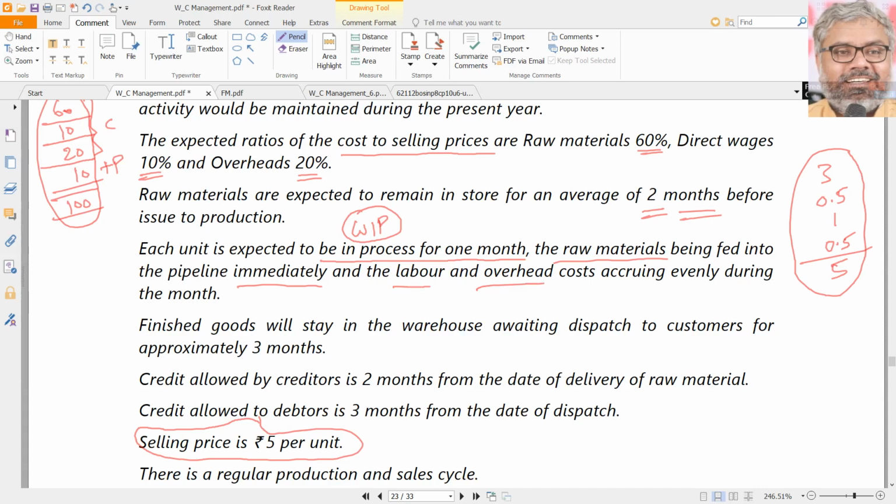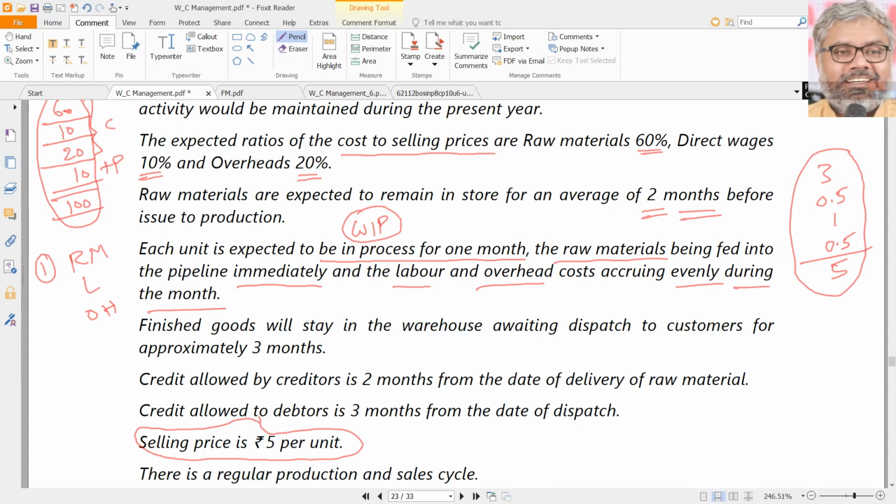But labor and overhead costs accruing evenly during the month. So here work in progress also includes the raw material cost, it also includes the labor cost, it also includes the overheads cost. The question is, in this paragraph, for the raw materials, it is going to stay there for entire month because it is inputted in the beginning of the month, whereas labor and overhead costs are inputted or incurred evenly during the month.